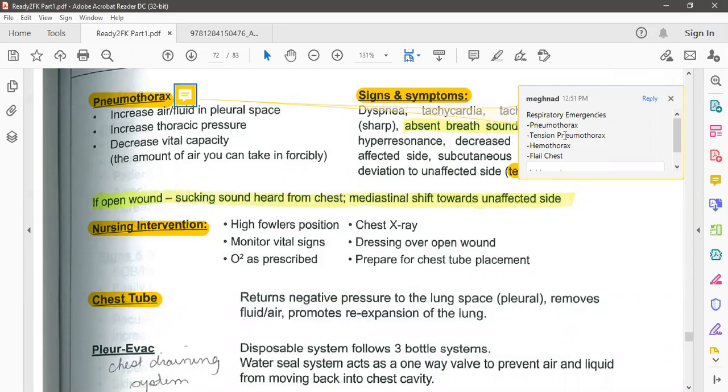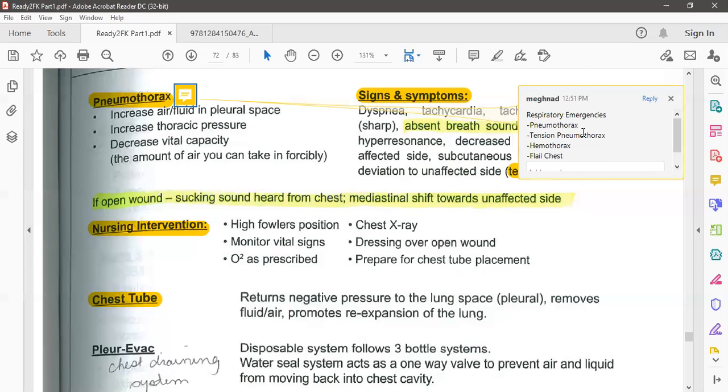Another emergency is called tension pneumothorax. Tension pneumothorax means air enters the pleural space during inspiration but cannot escape during expiration.